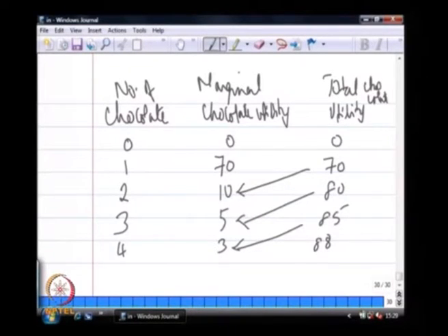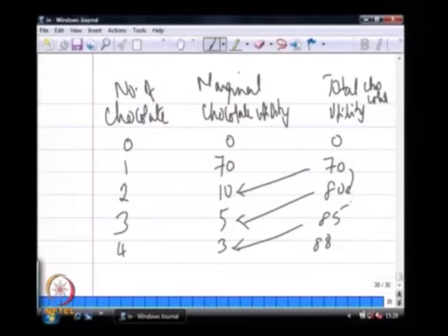So, this table shows that the total utility will increase at increasing levels of consumption, but you will find that this increase in this example is at a rate slower than the previous consumption levels.